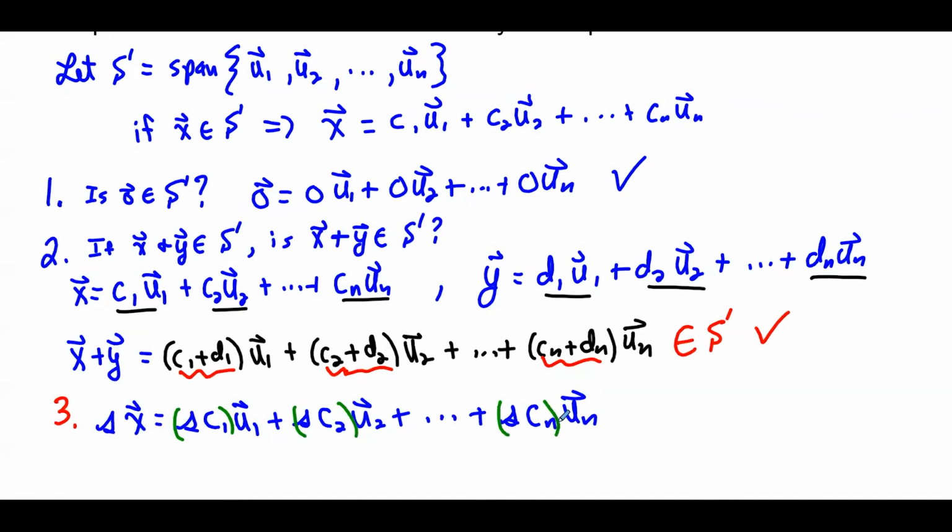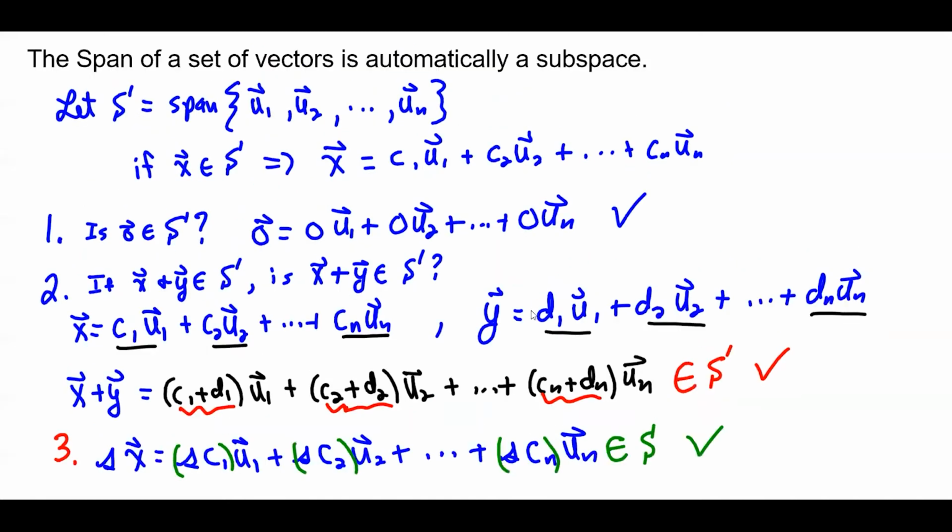You multiply two constants together, you get another constant. So these are just scalars. And again, the span of the vectors is all linear combinations of those vectors. So this has to be in S as well. So this one's satisfied as well. So any span of a set of vectors is automatically a subspace.